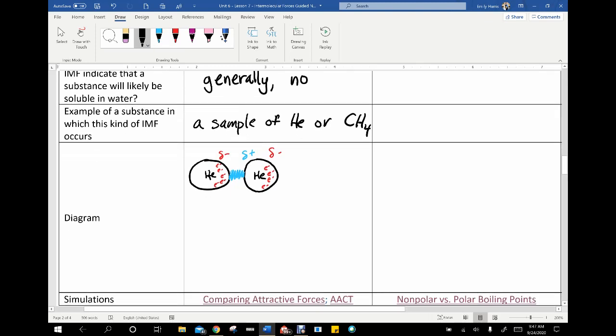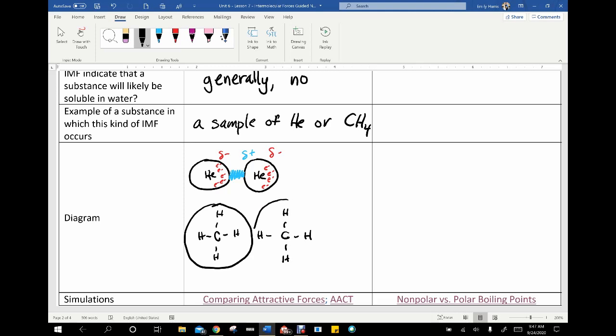The same thing would work with CH4. So this is a bigger molecule, so we're going to have room for a larger electron cloud, which means more of these London dispersion forces going on. All right, there we go.